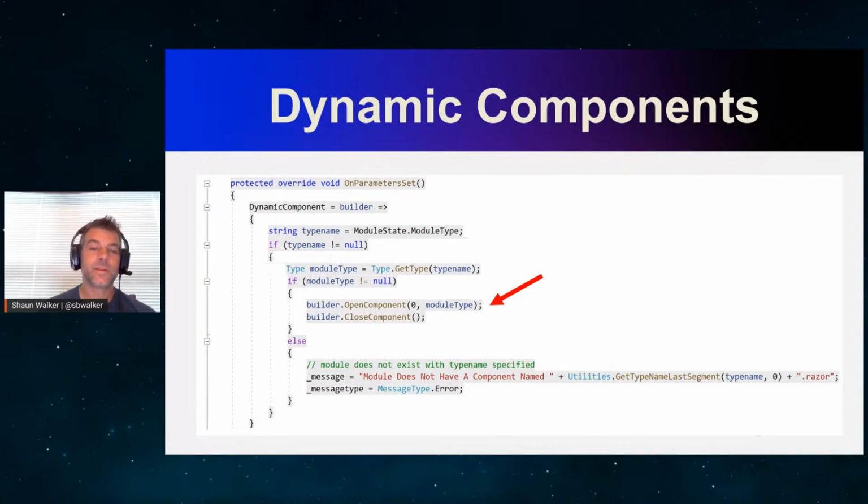And so there is the ability to build dynamic components as well. However, in order to do that, you do have to get familiar with more of the native Blazor syntax around creating a builder and using that builder's open component, close component syntax. I'm going to show you Octane in a minute, and Octane is 100% dynamic, and it uses this methodology for almost everything that it does.